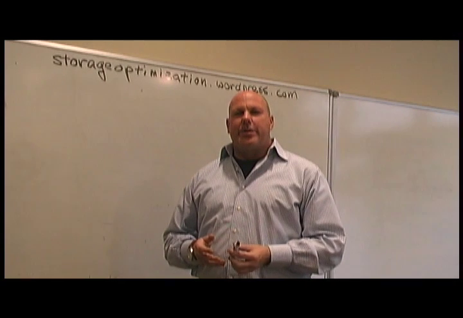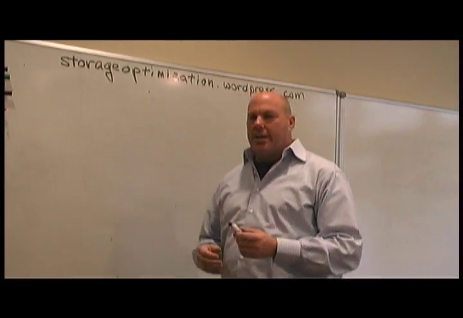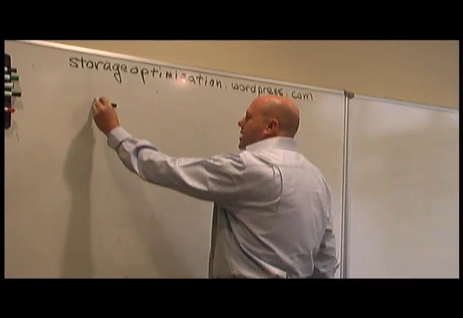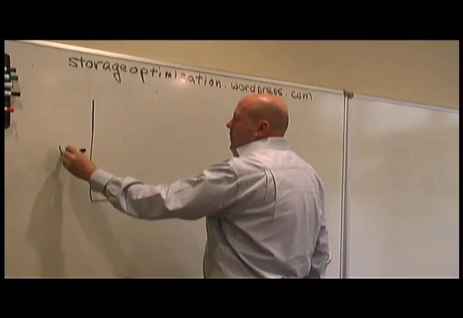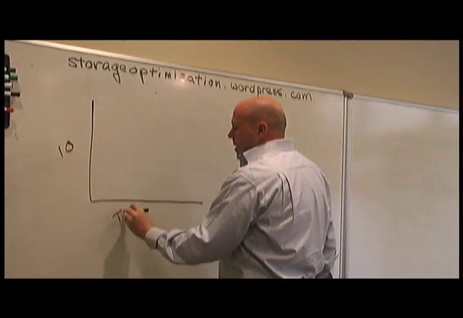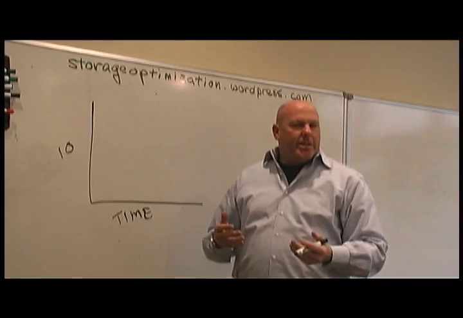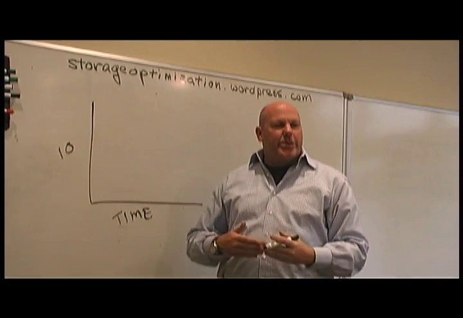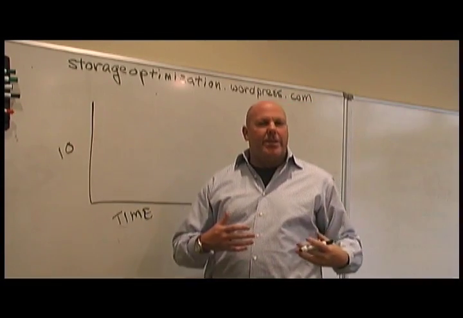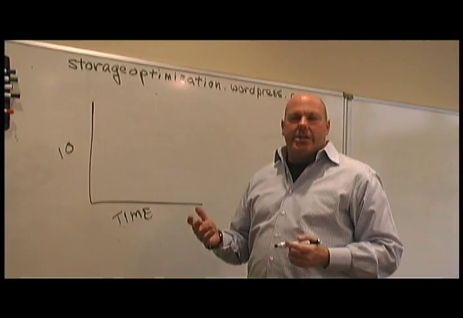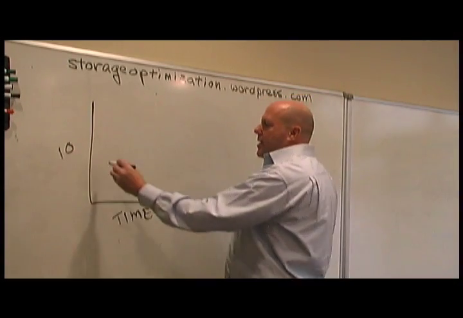So let's give an example of how this actually works in the real world, the histogram. So we have the amount of I/O, and we have time. Let's think about a website. A website that hosts people's content, whether you're uploading photos, you're uploading videos, you're storing your files there, you're posting messages to a social network. Here's what happens.